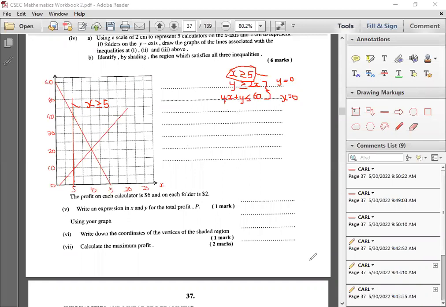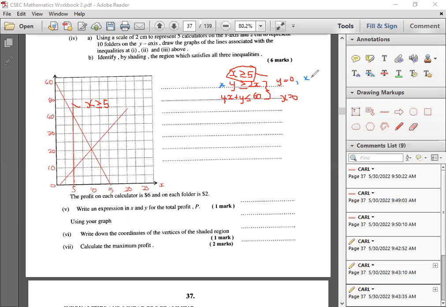This one is a special case because in both cases, y is going to be equal to 0 when x equals 0. So what I always say to students is that you choose a point.